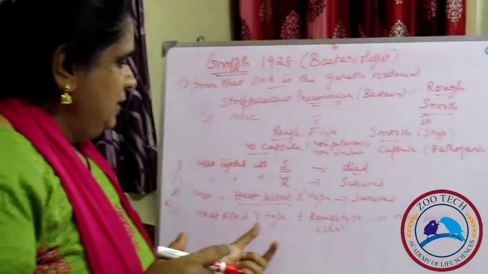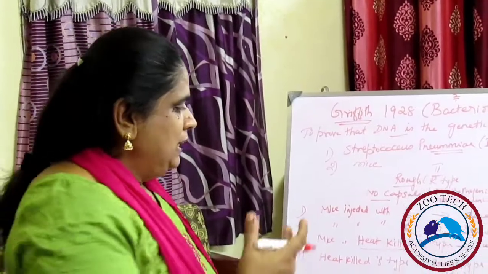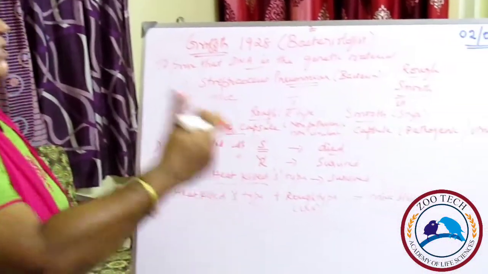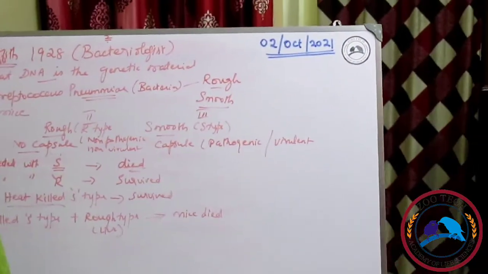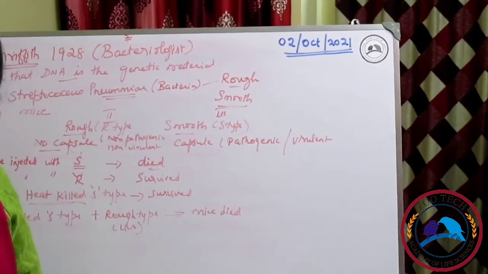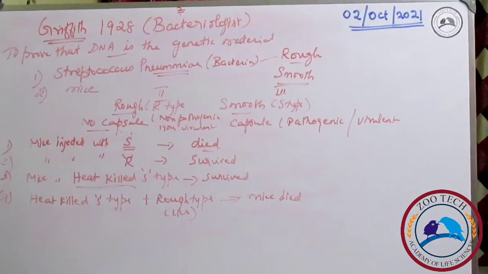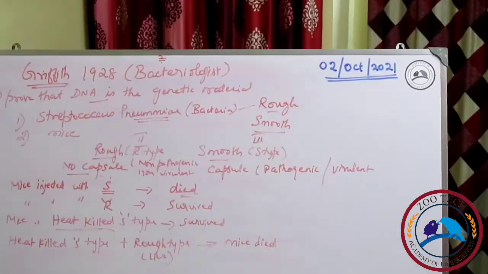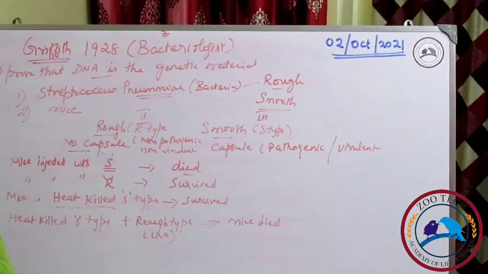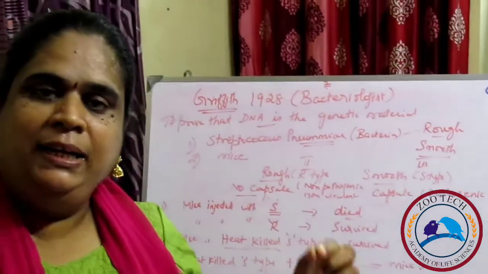He couldn't understand why the mice died, and what the transforming substance was which made the mice die. So, he failed to say anything about the chemical and biological processes behind the transforming principle.